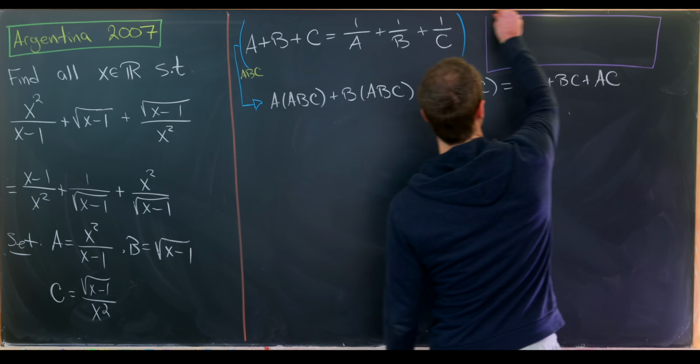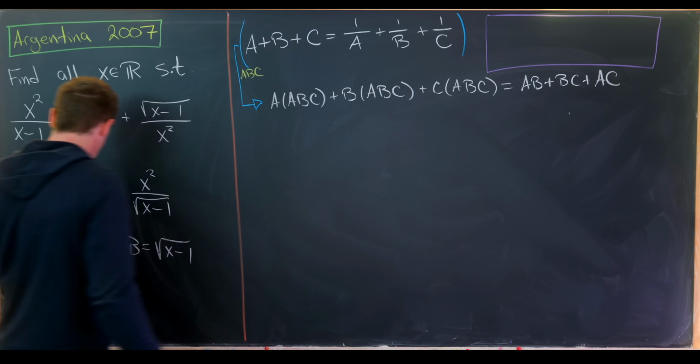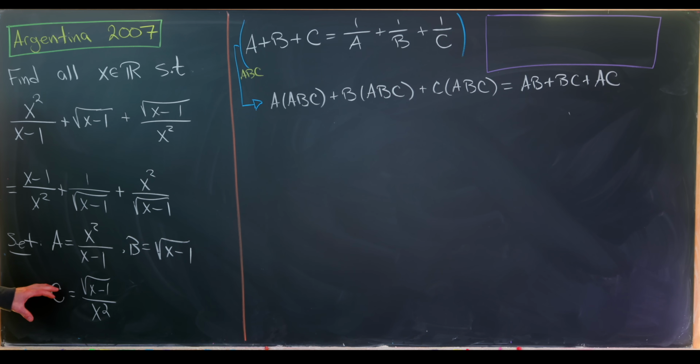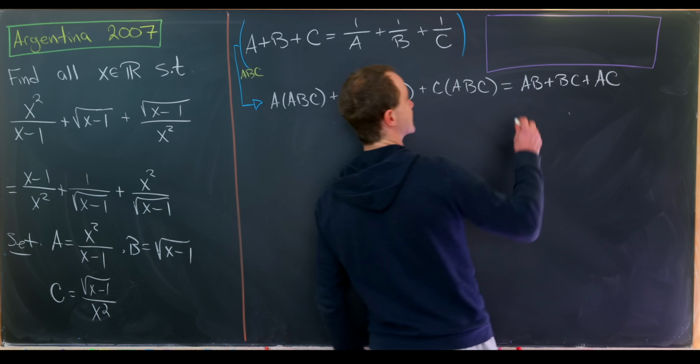And we can. And if we look at how A, B, and C are defined, we can see exactly how that will simplify. So notice C times B will give us the square root of x minus 1 over x squared, because these square roots of x will double up. Then when we multiply that into A, x squared will cancel the x squared in the denominator, and then the x minus 1 term will also cancel.